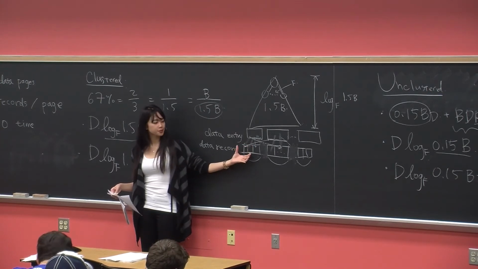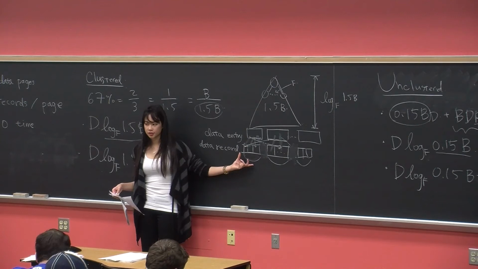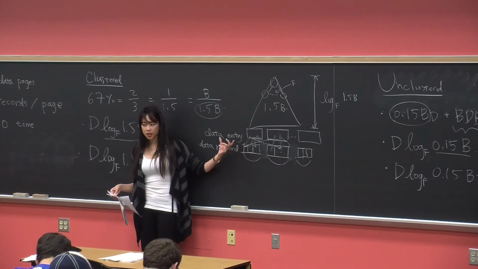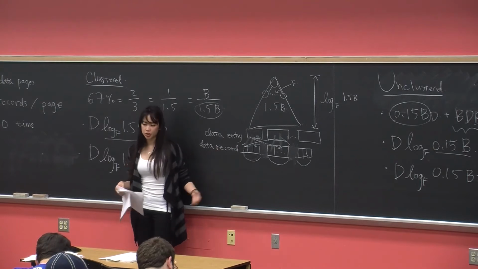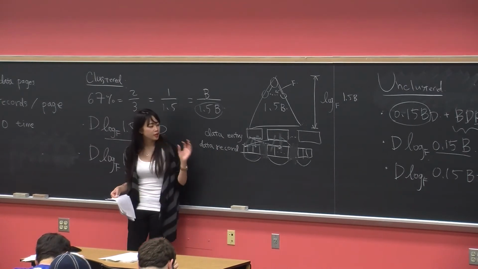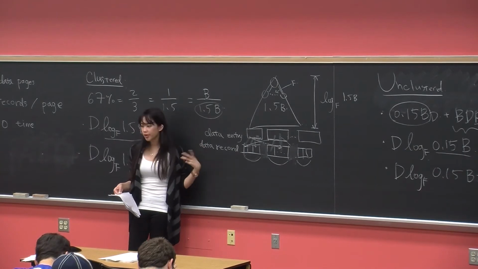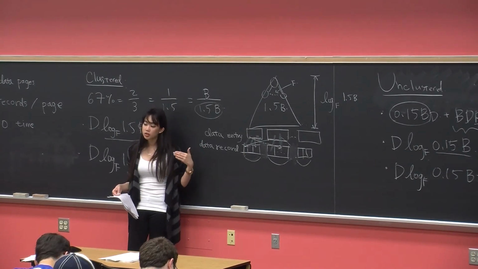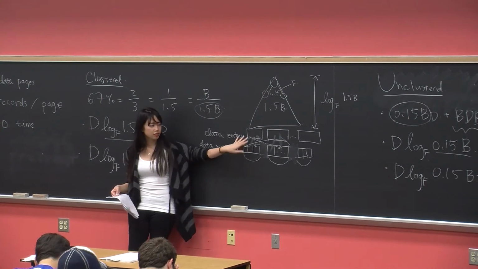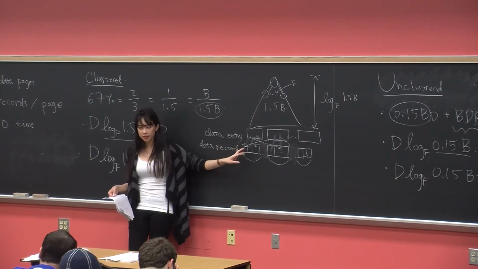Because it's unclustered, the order is not taken into consideration. If you have a range of values you want to retrieve, like the employees with salary between 3,000 and 5,000 that we talked about last time, you actually have to go through every single record.